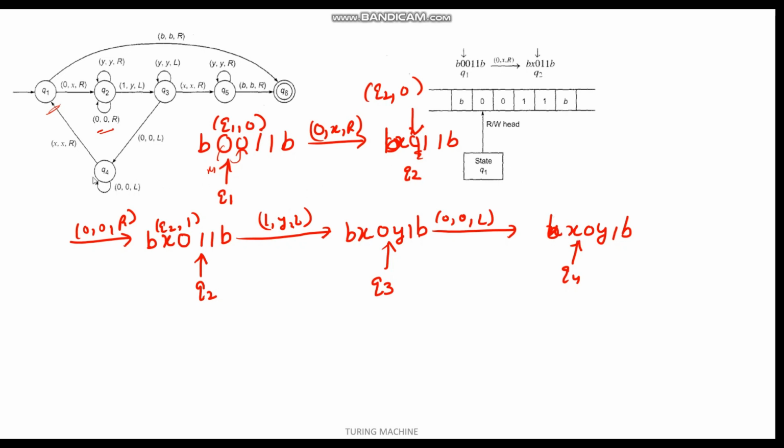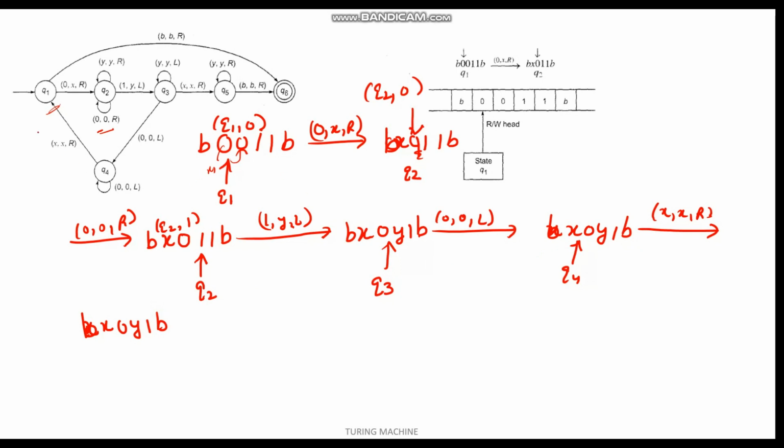Fine. So here we know q4 is pointing to x. Now when q4 is given input x, we can see what will we get? We will get function x x r. So the transition function when q4 is given input x is x comma x comma r. So it means x will be replaced with x itself. So no change. So we will write the string as b x 0 y 1 b, and head is moving towards right.